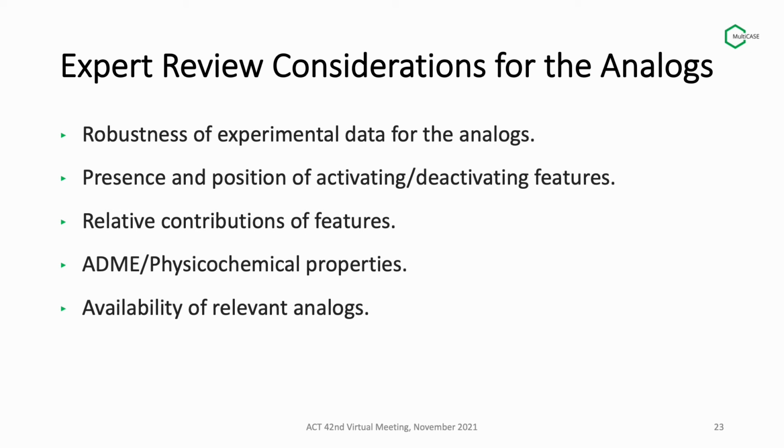The presence of various activating and deactivating features is also to be considered by the expert, and the contributions of various features have to be considered. And contribution means which features are highly mitigating, which features are less mitigating.